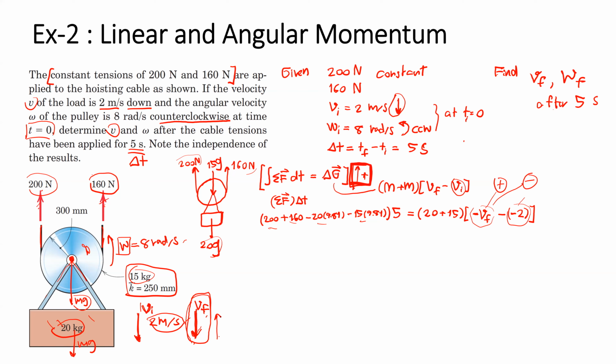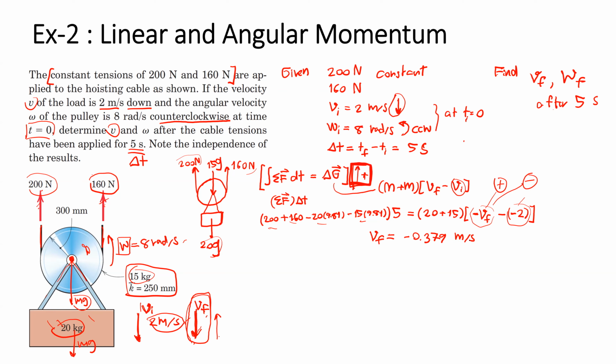So solving this equation, the numerical value will be minus 0.379 meter per second.